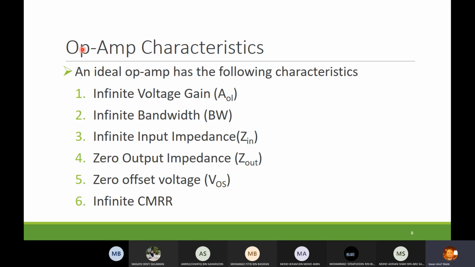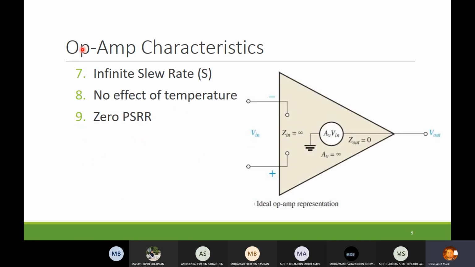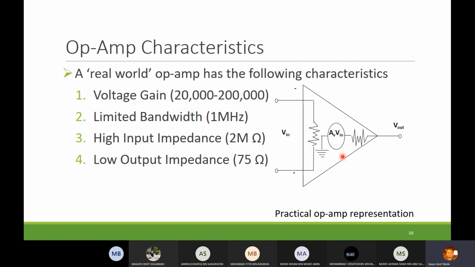Later we will see what CMRR is. Infinite slew rate, the S, no effect of temperature and 0 PSRR. That is the ideal op-amp characteristics. Here we can see Z in infinite, Z out equals 0, and gain is also infinite. So that is for ideal.